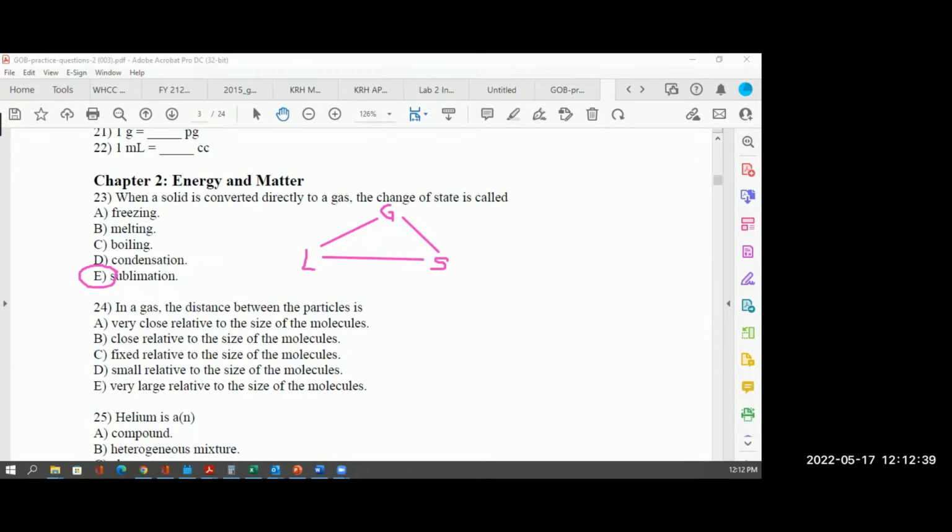Okay, so if we're going this direction, from a liquid to solid, what would that be called? Freezing.